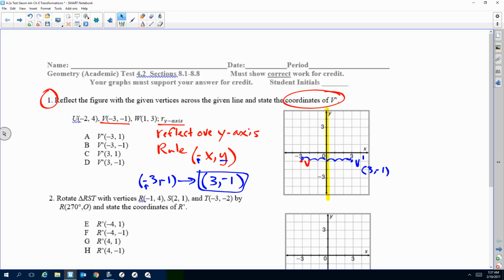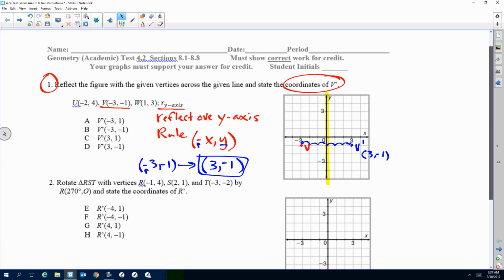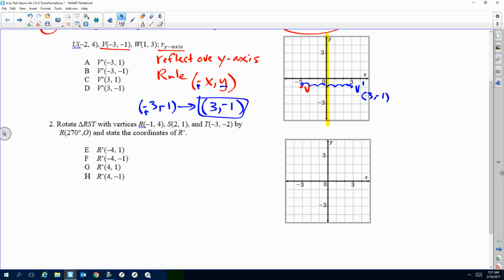So number 2, it's not going to be this question, but understanding rotation of 270, you will have to do that. And you need to memorize, if you have rotation of 270, you have to memorize the rule, and that is y comma -x. So I take the coordinate r.